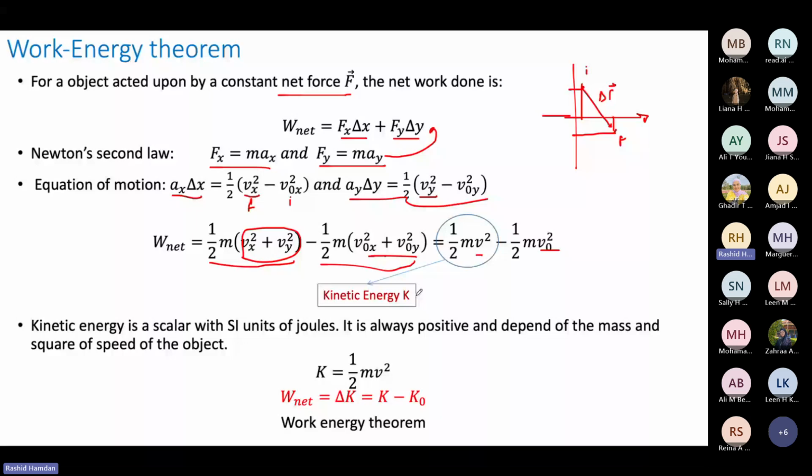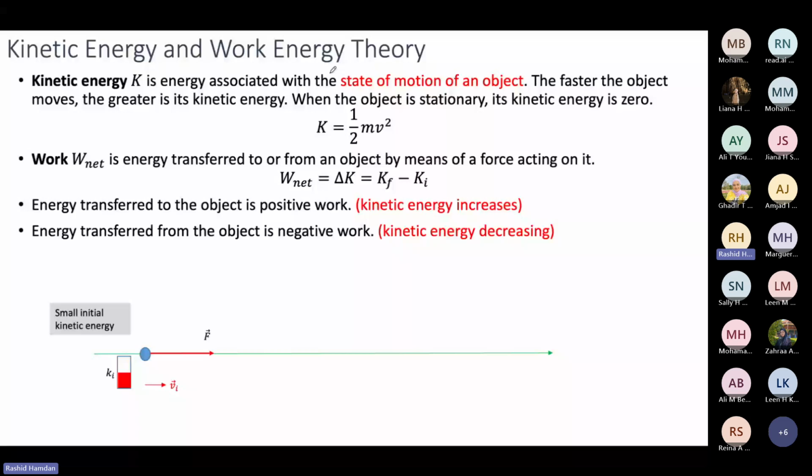Now, let's look in detail at this kinetic energy, the half mv squared term. The kinetic energy is associated with the state of motion of the object. The faster I'm moving, the greater the energy is. And when the object is stationary, it has zero energy. But the other thing about it is this m. It depends on the mass of the object. If we have a small object that is moving, it would have a certain energy.